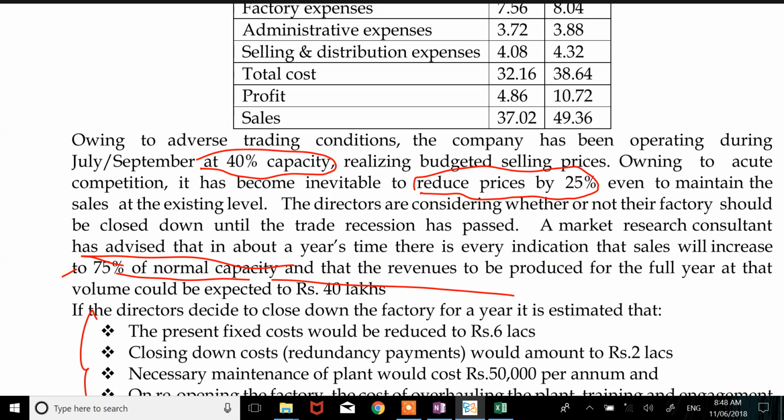Next point. With this, the answer is over. I can also get it in units next. Shutdown point could have also been calculated in terms of units.